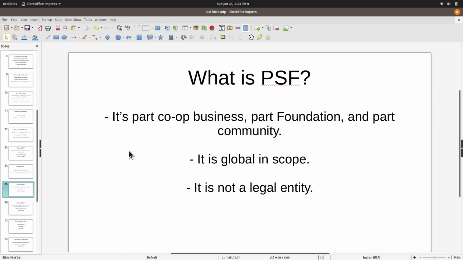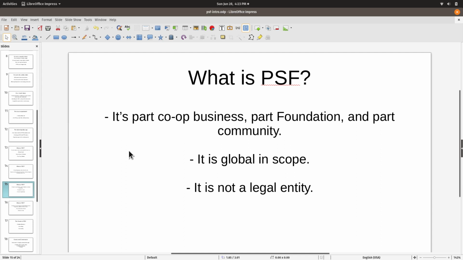It's got an aspect of each one of these things, but I definitely wouldn't identify as exclusively one of these things. It's global in scope. The community is approaching 10 people now of actively participating developers and other supporters, and I'm the only American. So it's already very global in its scope and membership.